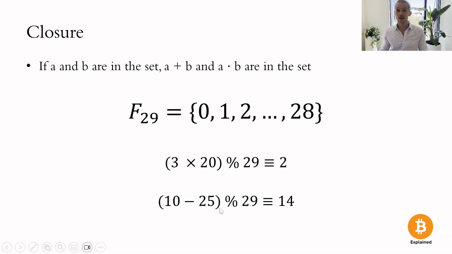So 10 minus 25 is minus 15, which is 14 away from minus 29, but you can also think about this as wrapping around after 0 and going to 28 and then still having to deduct the other 15 from 29, which gets you to 14. So even the result of subtraction or multiplication that results in a negative value is able to be sliced into one of these finite field elements.